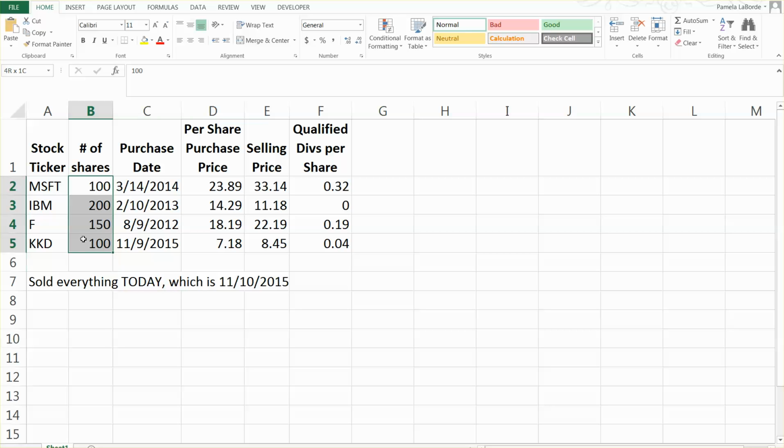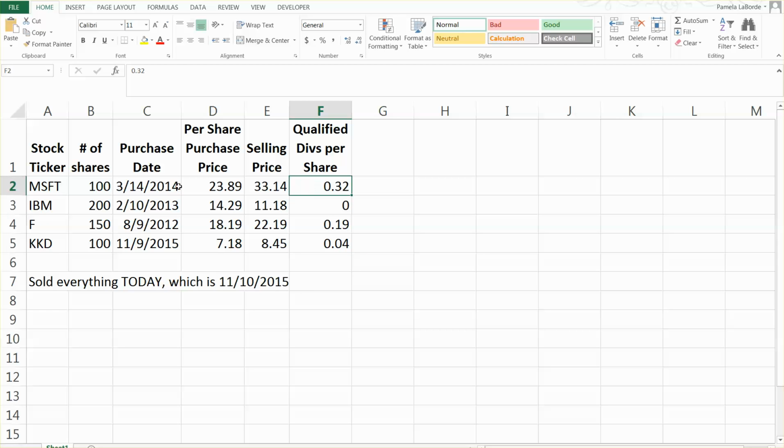And I'm just pretending I bought a certain number of shares of them at different points in time. And I made up these purchase prices and I made up these selling prices. So don't go look up Ford and say, oh, it's really not trading for $22.19, because I just made that number up. And I also just made up these dividends.